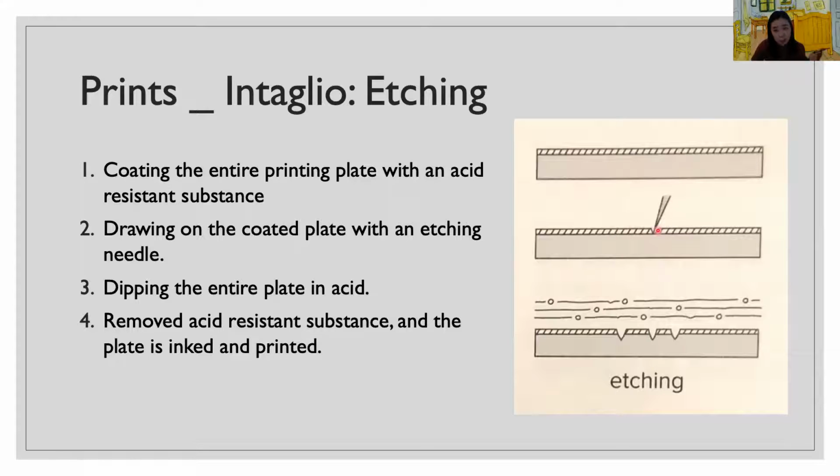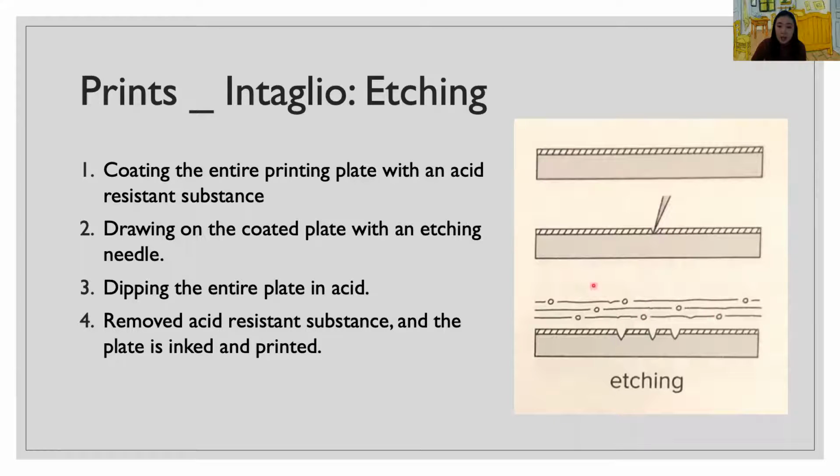So like the dry point, the artist creates the image by scratching on the plate. And the needle removes the ground like this, exposing the bare metal in areas meant to print. So this part is going to hold the ink.